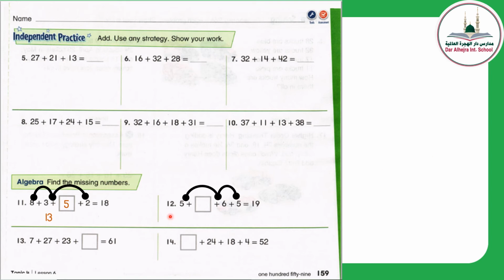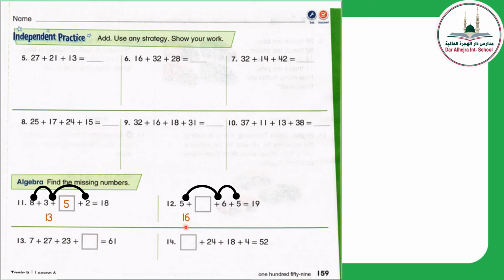Similarly, we can do the same with equation number 12 on the same page. We will be adding the given addends together to get our initial sum. So 5 and 5 together make 10, and I'll add 6 to that. 10 and 6 makes 16. So the sum of the addends available here is 16, but the total sum should be 19.